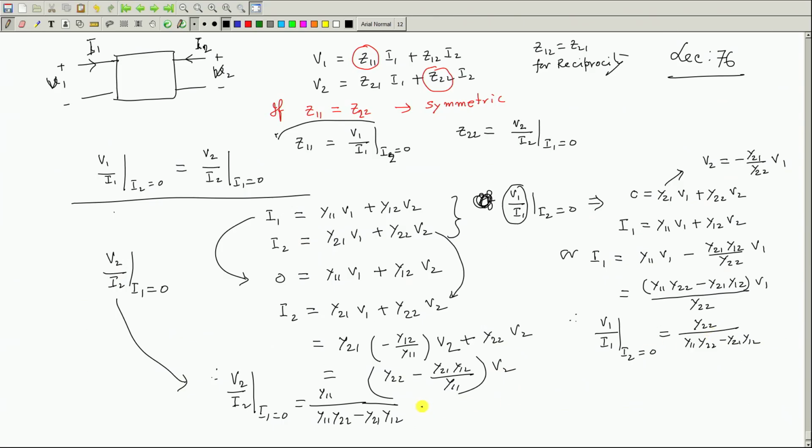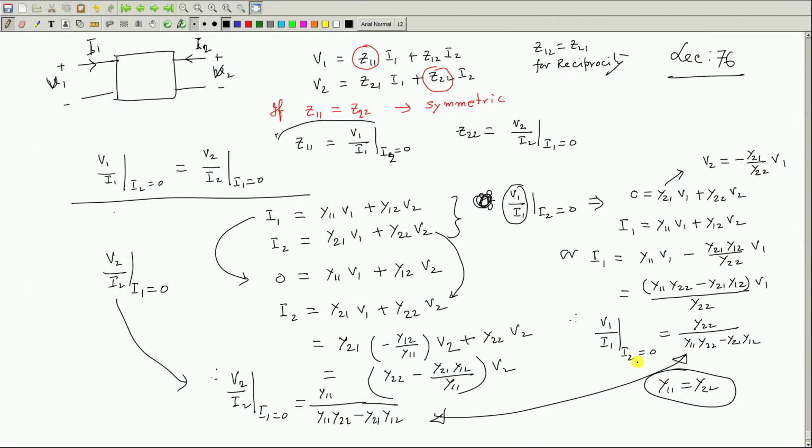If you equate these two, the conclusion is Y11 should be equal to Y22, that is, driving point admittances should also be same. So, this is the condition for a two port network represented in the form of admittance matrix.